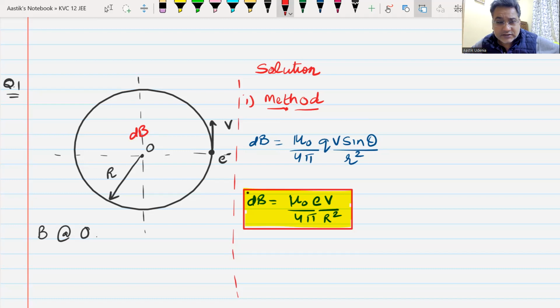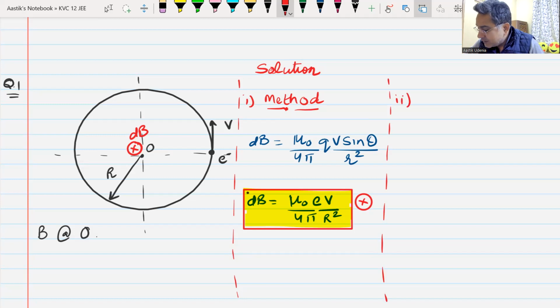This is a negative charge. What is the direction of the magnetic field produced by this electron? It would be inside, opposite of outside. And that is the answer. The direction of the magnetic field is inside. Do we understand this? Yes or no? Understood, sir.